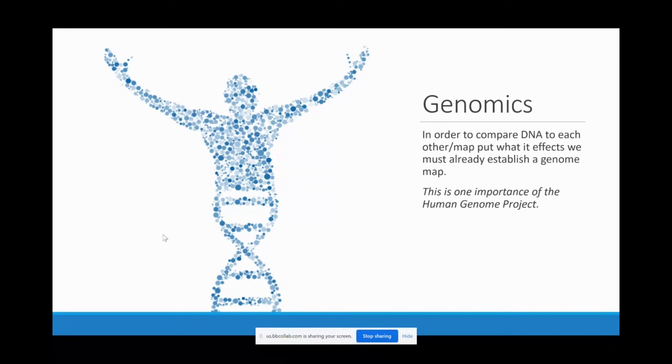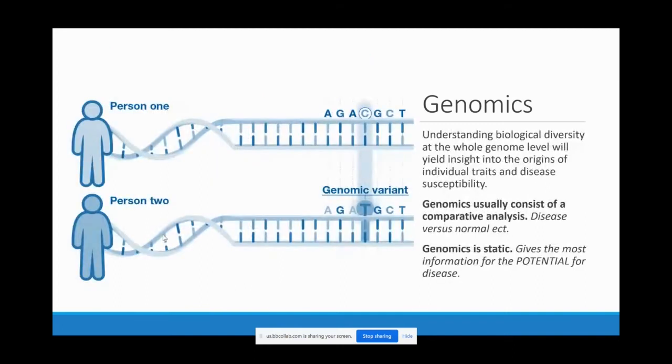The whole thing that sparked genomics was we first mapped out the human genome. We know all of the genes that exist in their potentiality in a human, and then we can compare any of the DNA that we collect from a human to that map. So genomics needs to have this already established roadmap in place for you to then compare to.